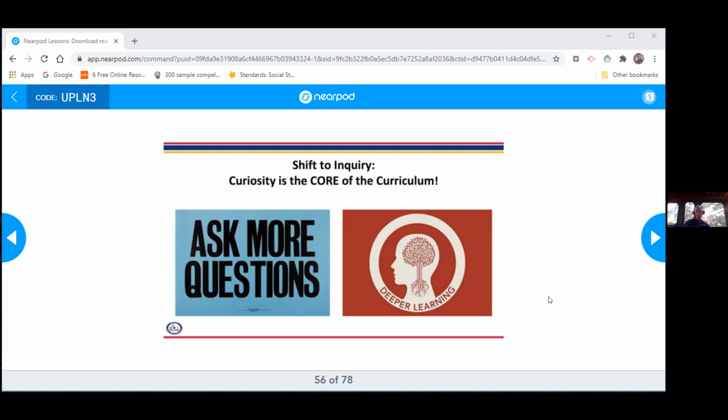This comes from New York State C3 Teachers Initiative, and other states have jumped on board with this. Grant Wiggins and Swan are the researchers that have been working with this, and they've got great resources on their website. Somebody will put the C3 link in the chat for you all. But we're just going to talk right now through the structure of that inquiry.